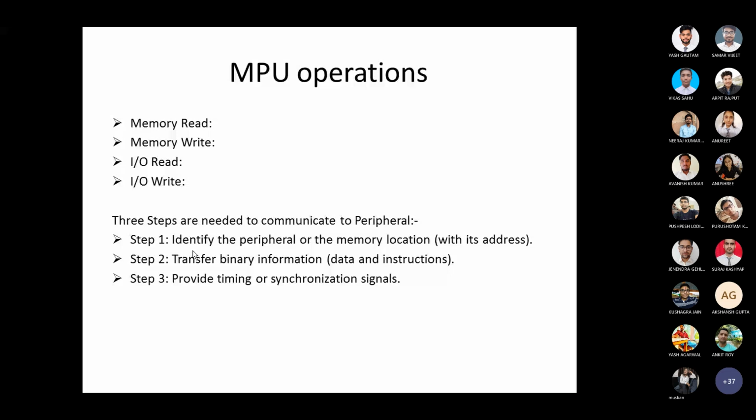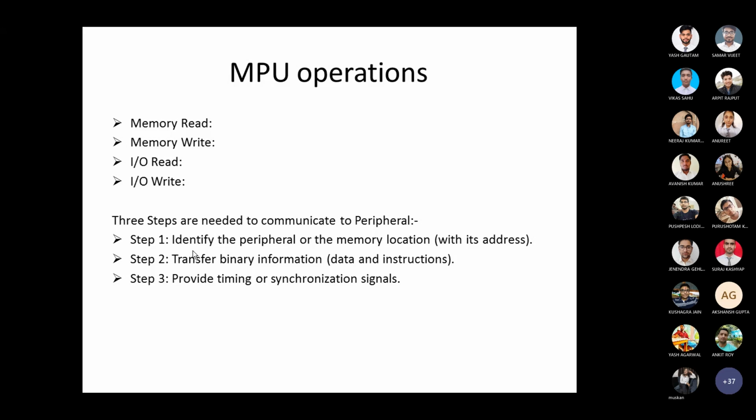We can see that the address lines are unidirectional, and the data lines are bidirectional. So we can have both read and write operations, so data can flow in either direction.